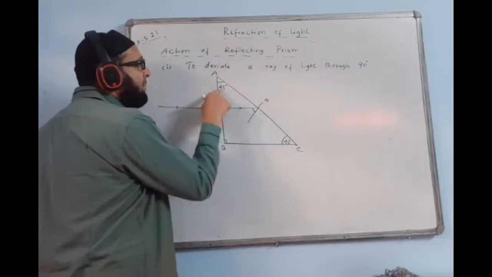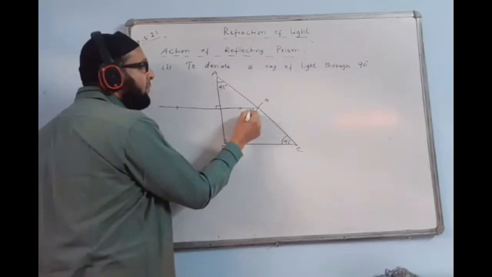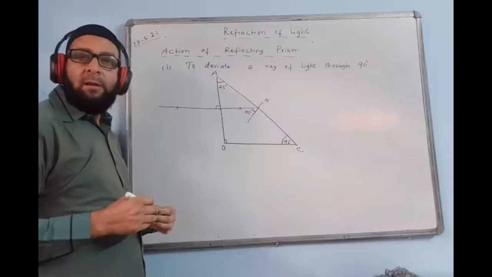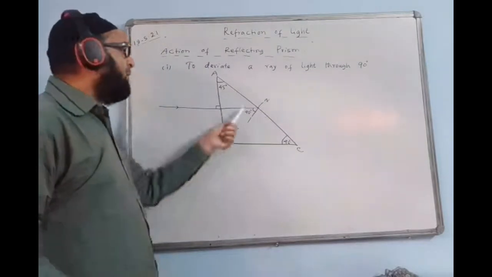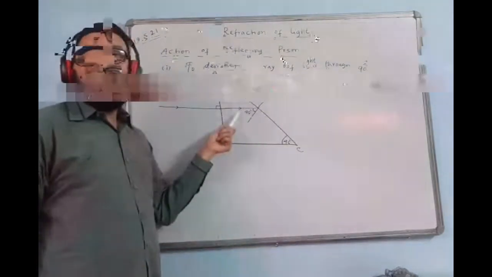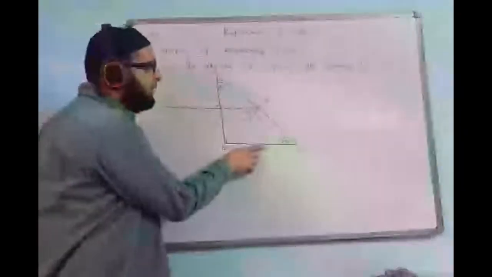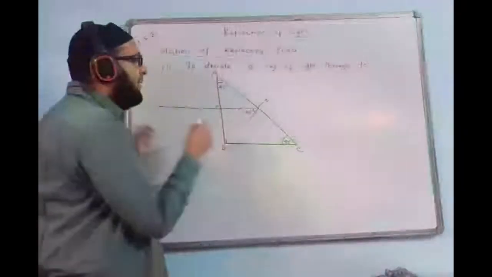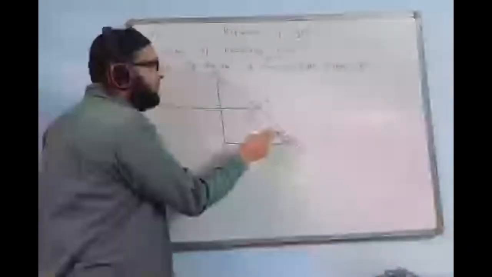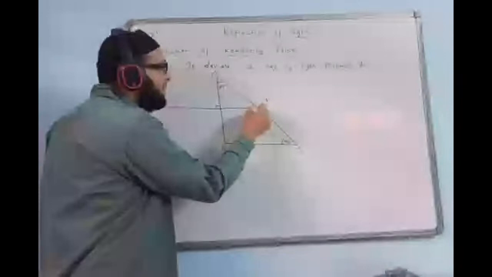This angle is 45, this angle is also 45, no? We know 45 degrees is greater than the critical angle, so TIR will take place. How much is the angle over here? 90 degrees, because 45 plus 45 is 90. So it will go straight.